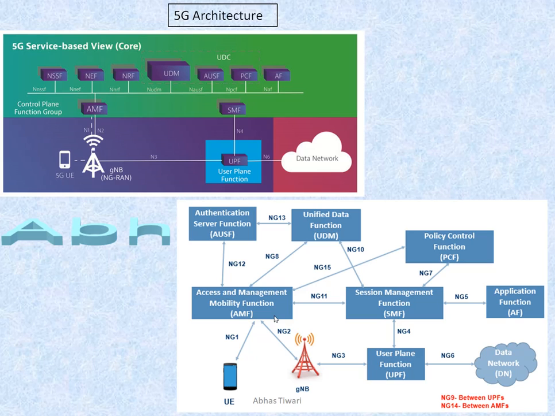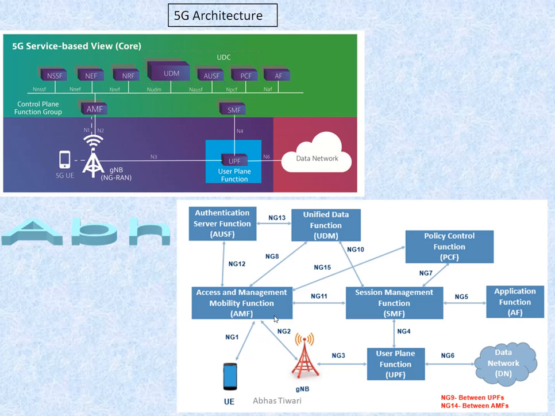So the first is the termination of RAN control plane interface, and termination of NAS ciphering, access authentication, access authorization, security context management. So these are the access management and mobility functions.